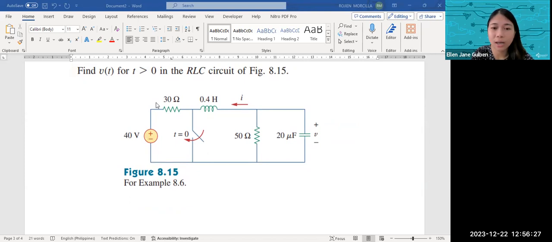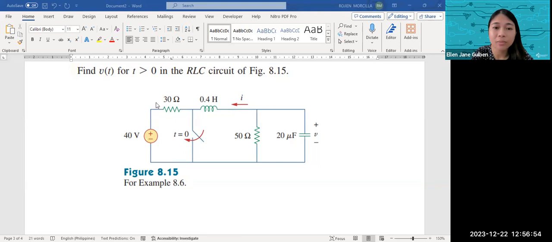And then we have parallel capacitor and resistor of 50 ohm with a 0.4 Henry inductor and a 30 ohm resistor, but at time less than 0, the circuit is still complete, no?